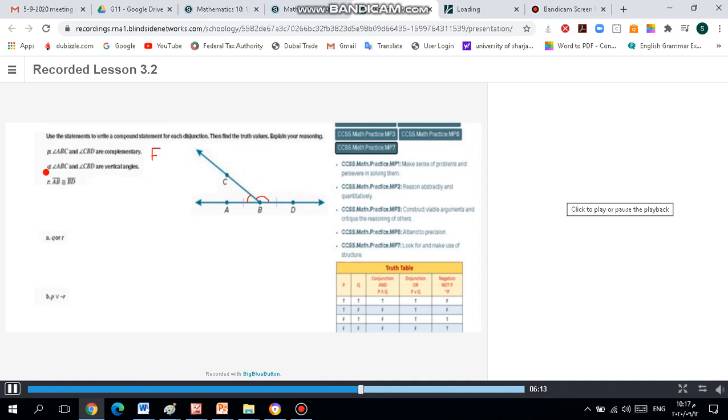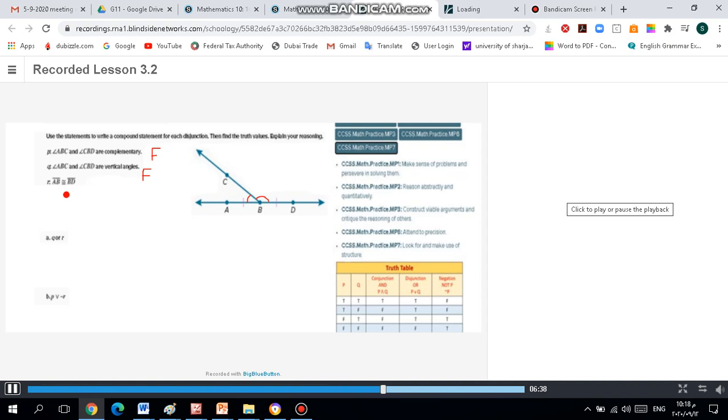Statement Q: angle ABC and angle CBD are vertical angles. It is false also. They are not vertical because they are a linear pair. Vertical angles share the same vertex.